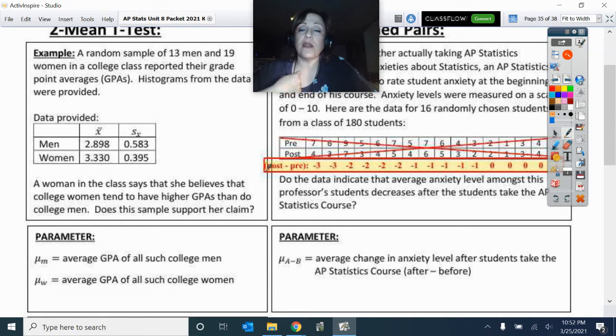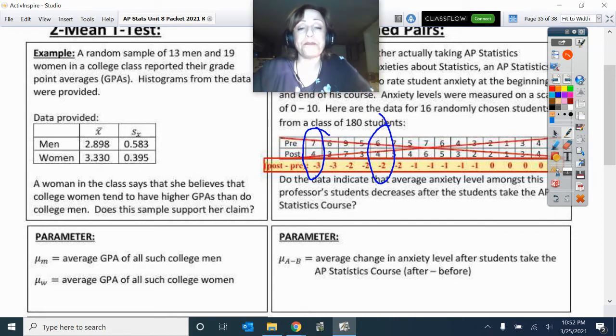You can see that this is subject number 1, so that is one student, and this was the fifth student. So we determined that student 1's anxiety went down 3 points, and student 2's anxiety went down 3 points, and so on.